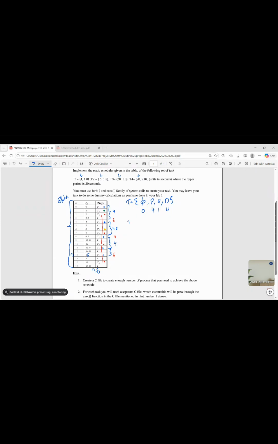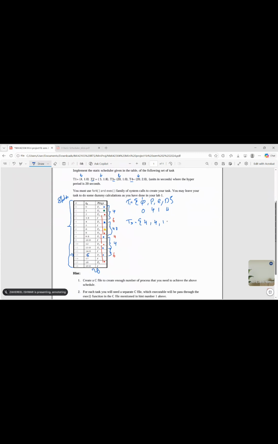Actually, I change it, not T2, since we already have T2. T3 and T4 exist. So the second job of T1, I treat it as T5. But the phase is 4, the period is also 4, and the execution time is 1. How do I make sure that it always gets executed here?